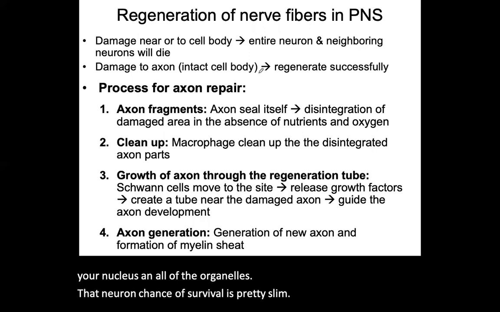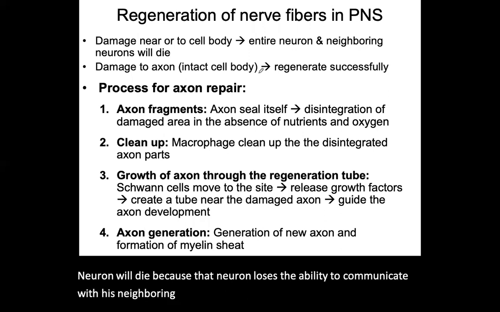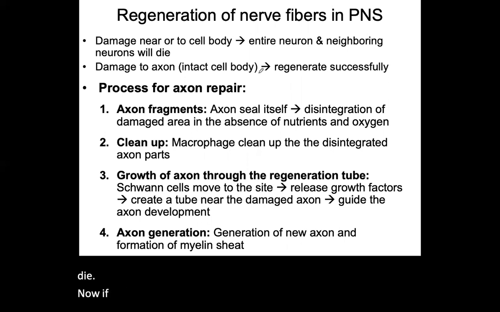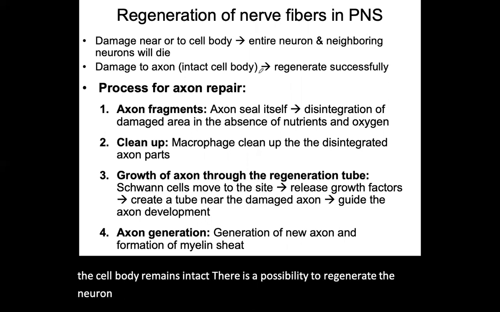The neuron will die, and because that neuron loses the ability to communicate with its neighboring neurons, sometimes the neighboring neurons also die. Now, if the damage is not to the cell body and rather it's to the axon, so the cell body remains intact, there is a possibility to regenerate the neuron and have the neuron regain its full capacity.